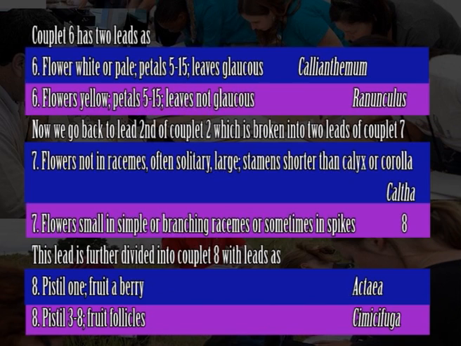This identifies Caltha, and the second lead of couplet 7 is flowers small in simple or branching racemes or sometimes in spikes, which leads us to couplet number 8. This lead is further divided into couplet 8, whose leads are: pistil 1, fruit a berry, which identifies Actaea, and pistil 3 to 8, fruit follicle, which identifies Cimicifuga.